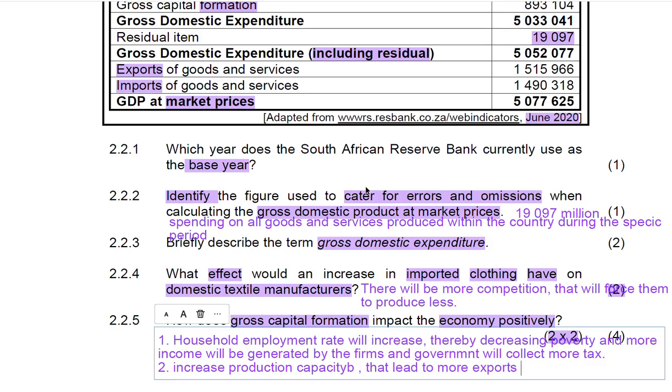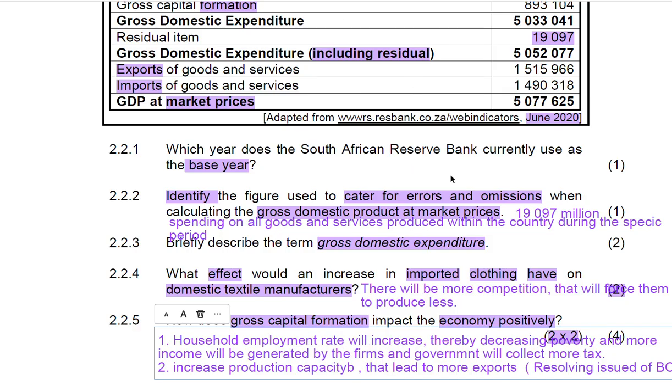And obviously, if there are more exports, the issues of balance of payments will be resolved. So that will assist in resolving the issues of balance of payment.